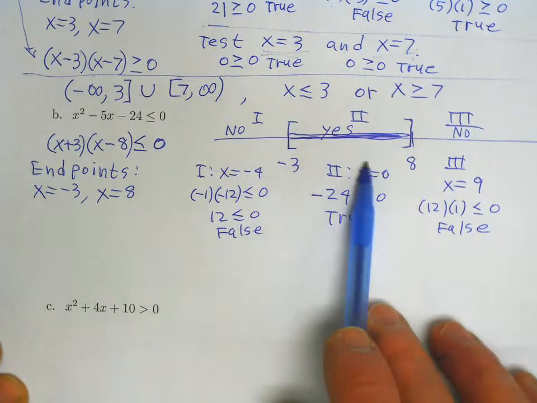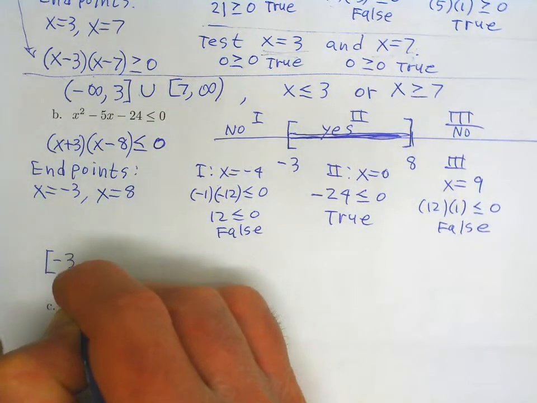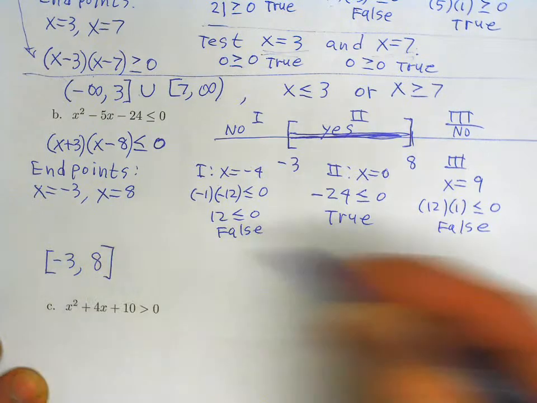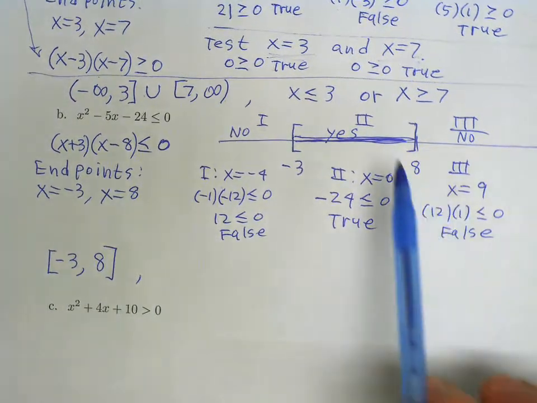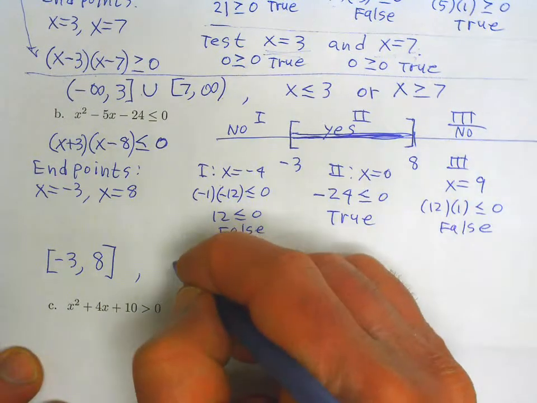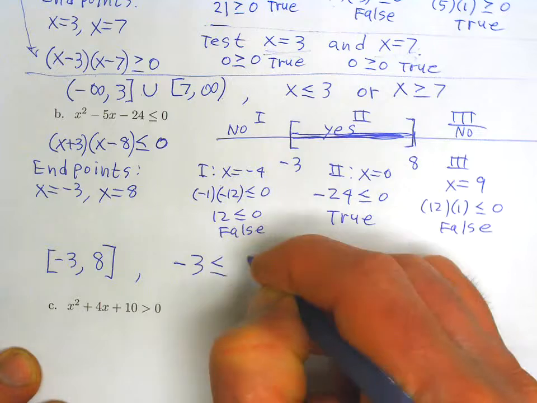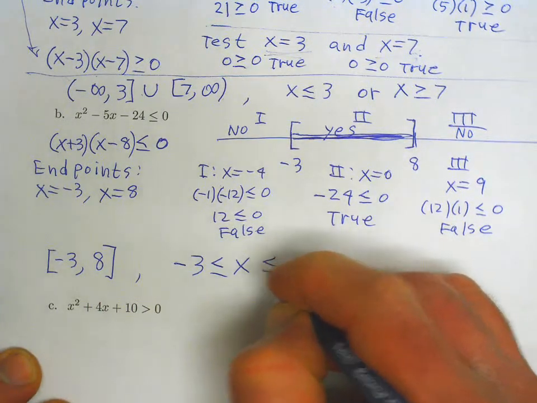The interval notation for this solution is bracket -3 comma 8 bracket. And the algebraic notation, if x is a number in this interval, then -3 is less than or equal to x, and at the same time, x is less than or equal to 8.